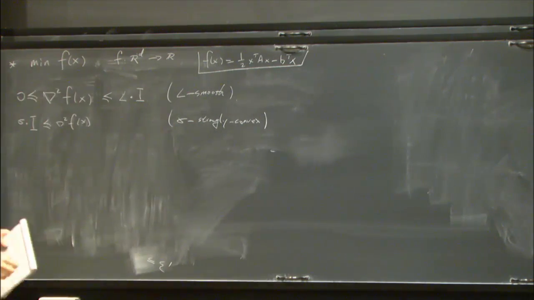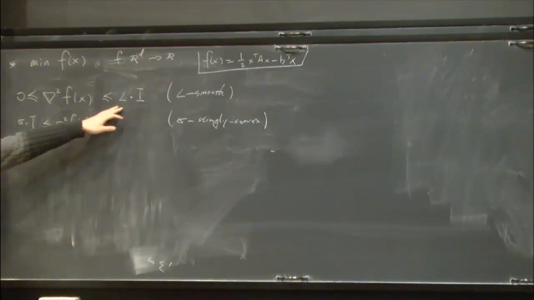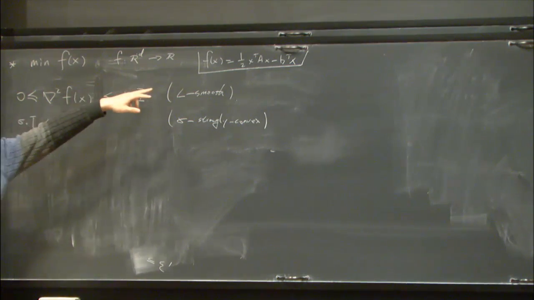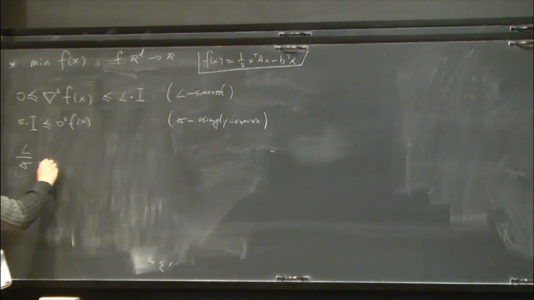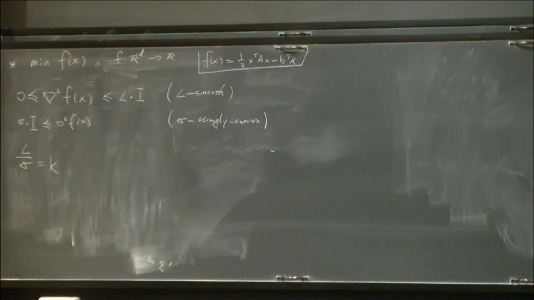In this example, we know the Hessian equals A. And therefore, L over sigma is essentially the kappa that I talked about in the first half of the talk. But more generally, these are the notations that people use in convex optimization.